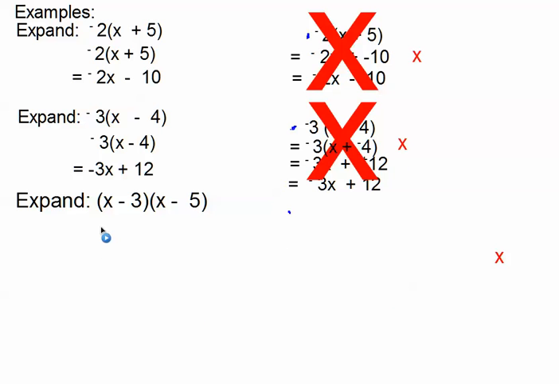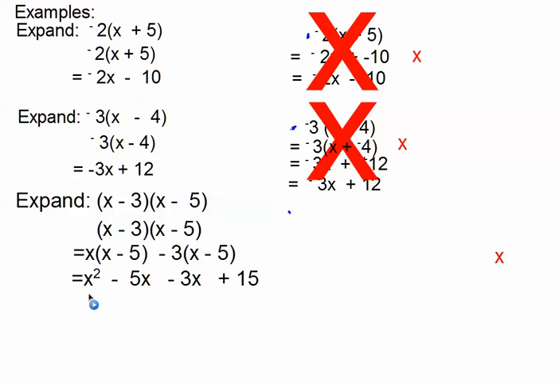Now this sort of expansion, let's write it down. Now this becomes x times the second bracket. Take 3 times the second bracket. And now we expand brackets like up here, x times x. I'll put it down and explain each term. X times x is x squared.